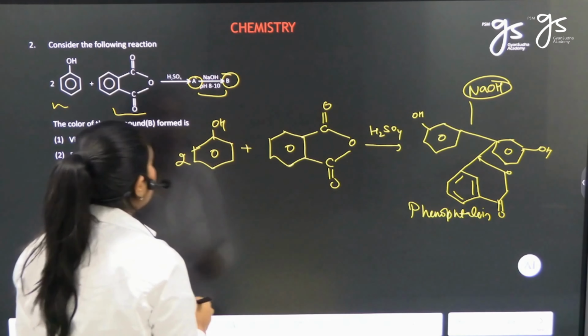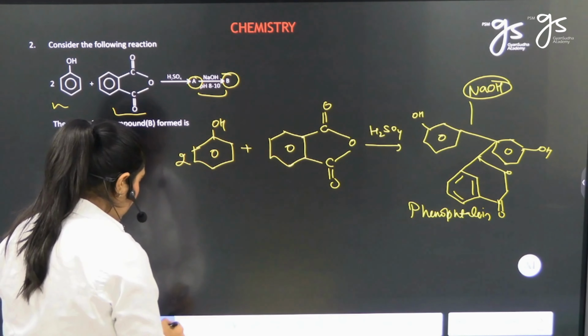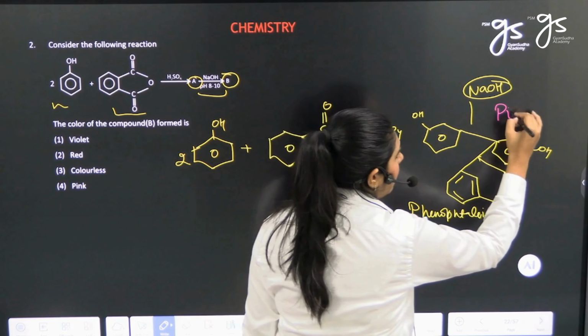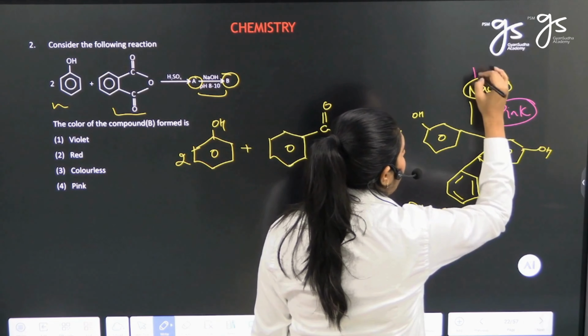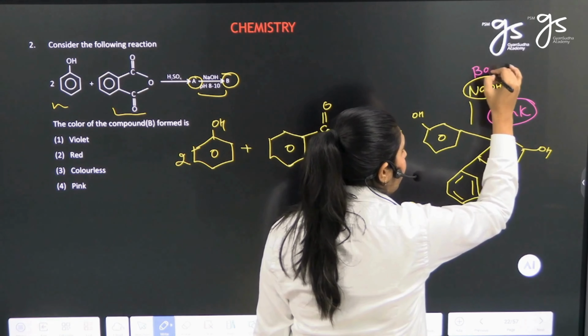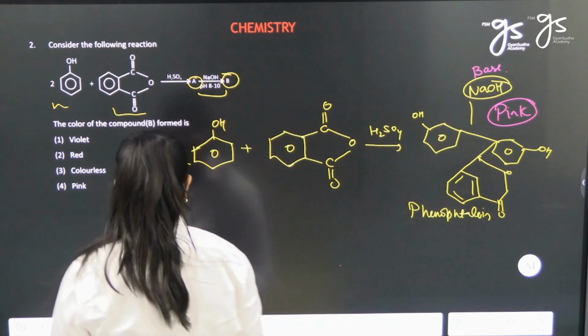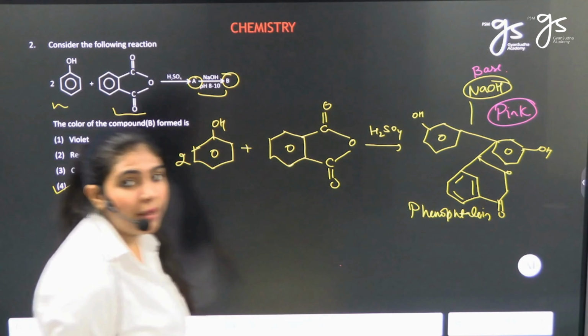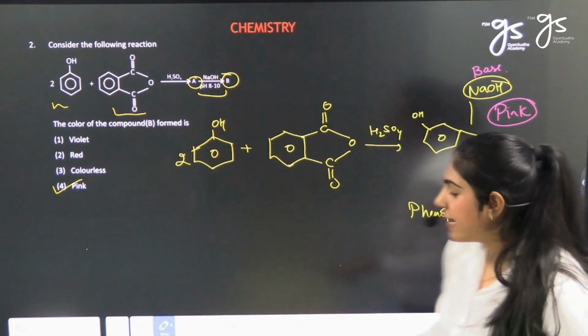When phenolphthalein reacts with a base, it gives a pink color. So our correct option will be option number 4. Now moving ahead with our next question.